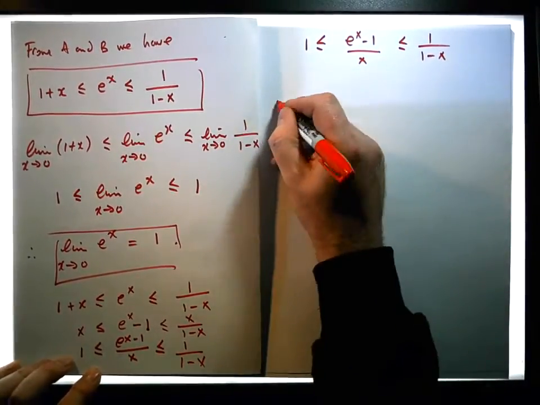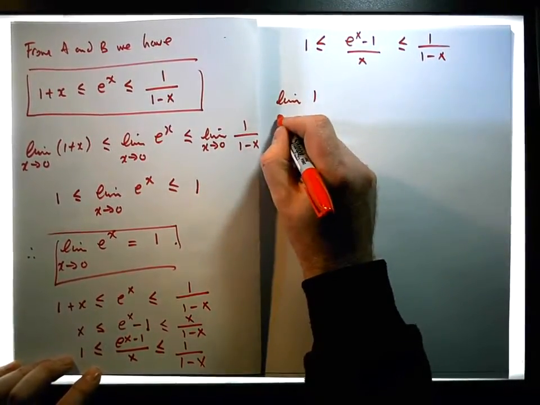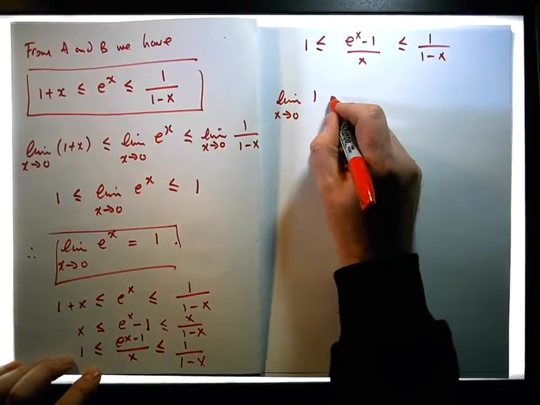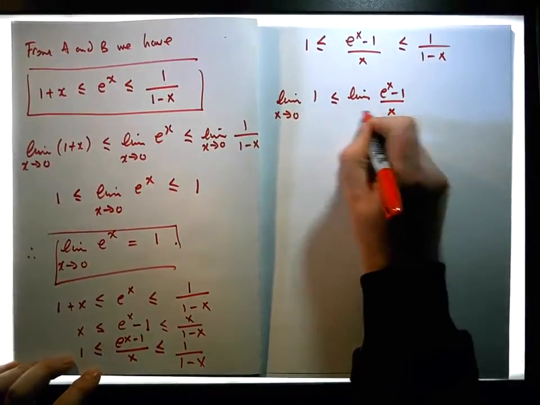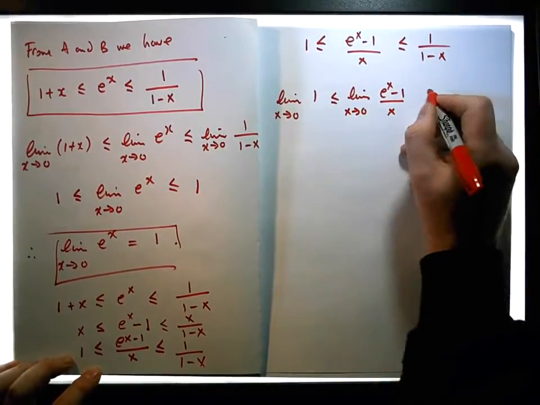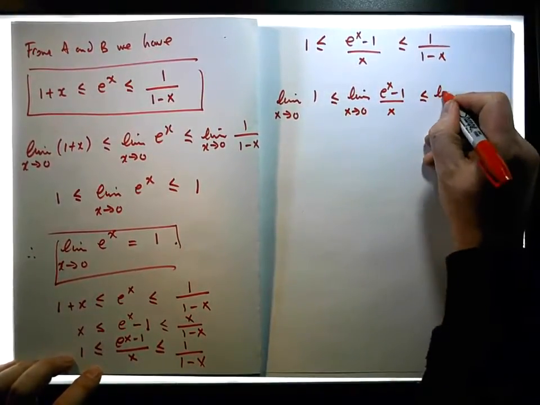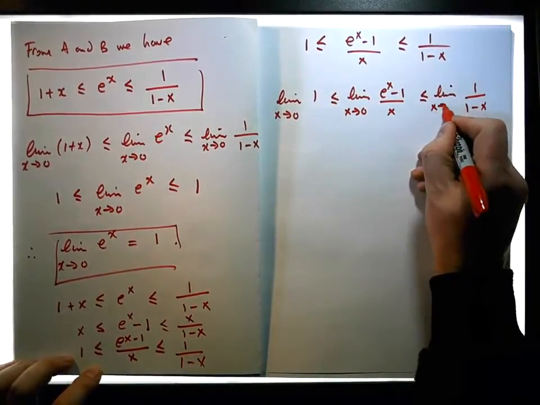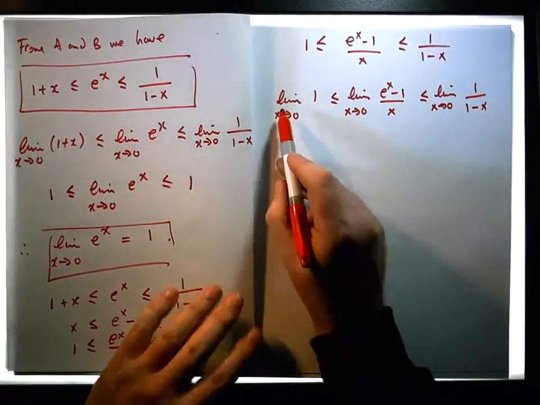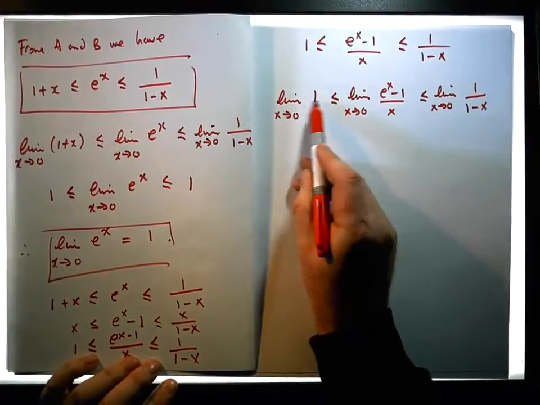And now we get the limit of 1 as x tends to 0 must be less than the limit of e to the x minus 1 over x as x tends to 0, which must be less than the limit of 1 over 1 minus x as x tends to 0. Once again, the limit of a constant is just a constant.